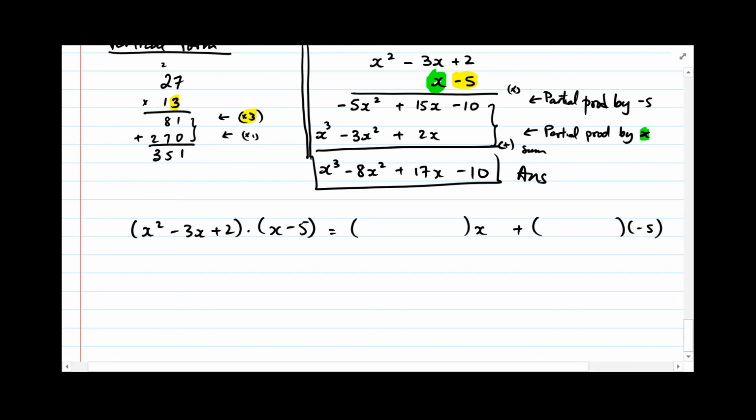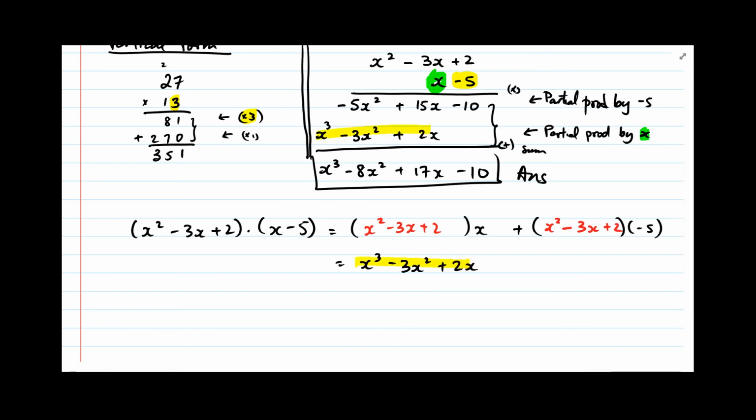And we have in here x squared minus 3x plus 2. Alright, and in expanding, I ended up with exactly the same thing as I have in the lines above that corresponded to these partial products, right? So this here is exactly that.